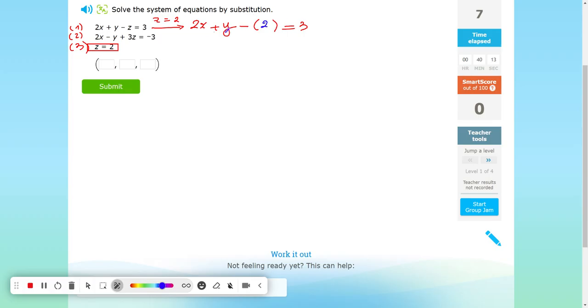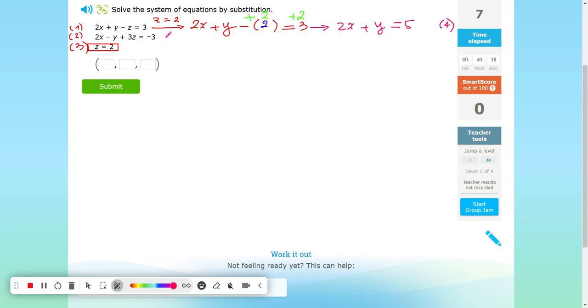I want to keep the left side only variable, so I don't want negative 2 here. So I plus 2 on both sides to eliminate it. Now I come out with 2x plus y equal number 5. I can name this as equation number 4.